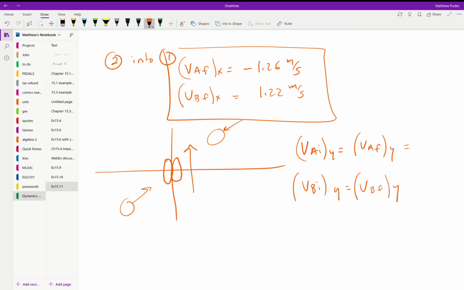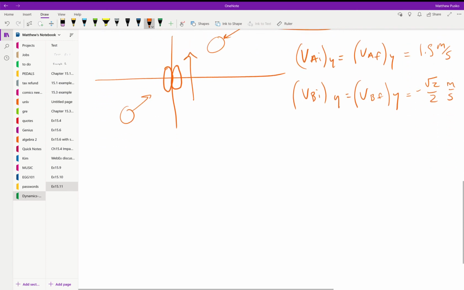We had those values calculated as 1.5 meters per second and negative root 2 over 2 meters per second.